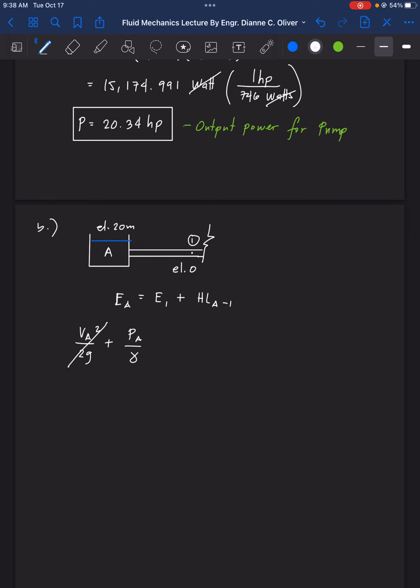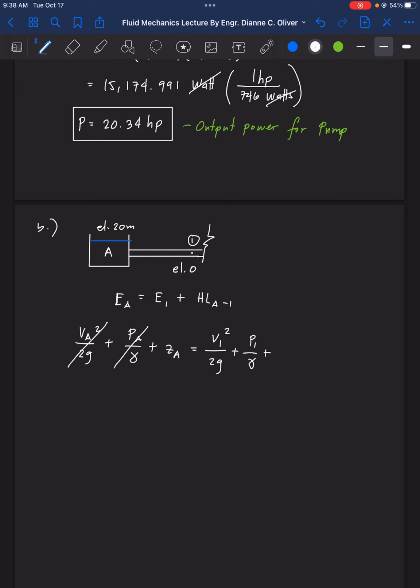As long as the point is exposed in the atmosphere, there is no velocity or pressure head there, and also it's stagnant here. As you can see, it's from the reservoir, so it's stagnant there. So this is ZA, there's elevation head. For the pipe, obviously we have velocity head, and then we have pressure head because it's contained, it's inside.